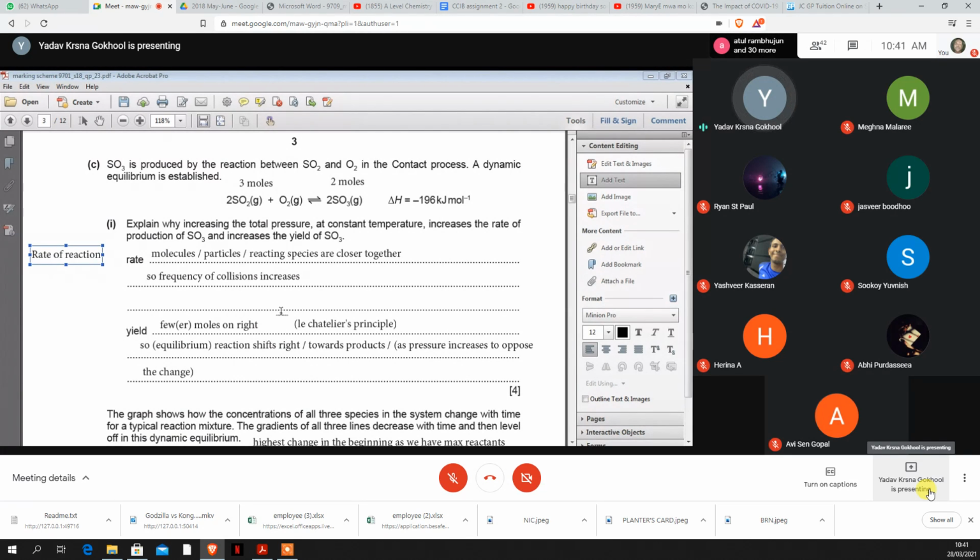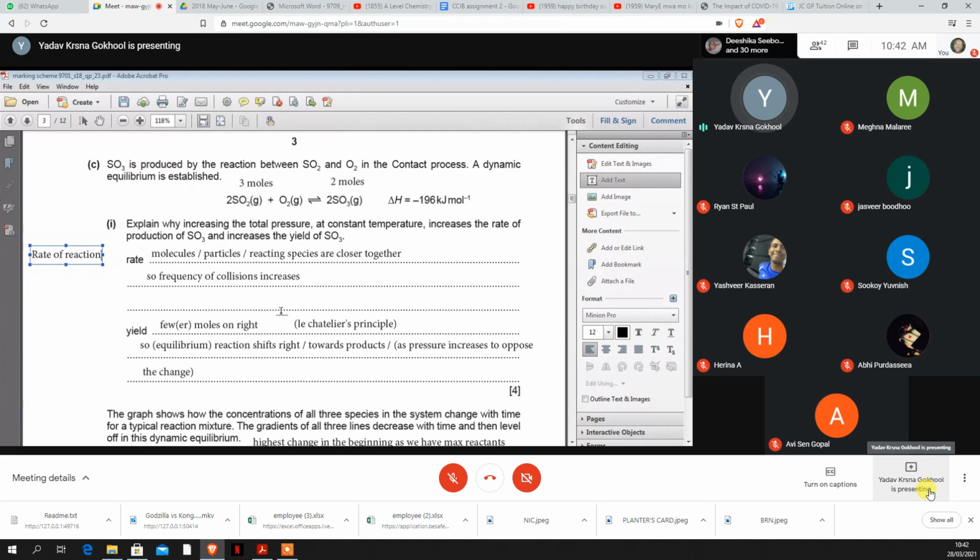The second one is about the collision. And then for the yield, it is again showing where it is going to move, and why it is going to move.